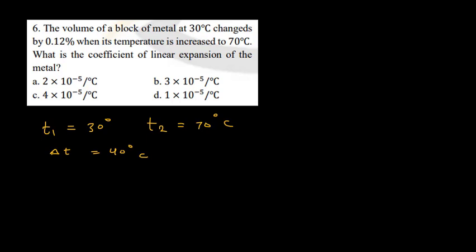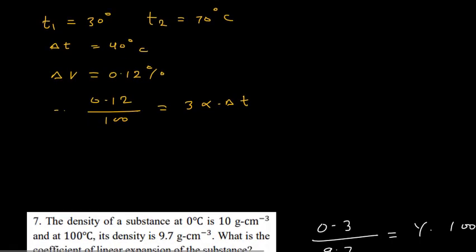And what is given? The volume of the block of metal changed by 0.12. So delta V is 0.12%. So we can say that 0.12 divided by 100 is equal to, what we have to find, the coefficient of linear expansion. So again it is 3 alpha into change in temperature delta T, that is 40. Therefore alpha is equal to 0.12 divided by 100 into 3 into 40.